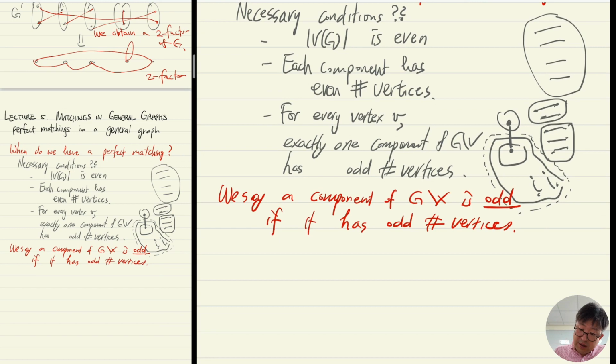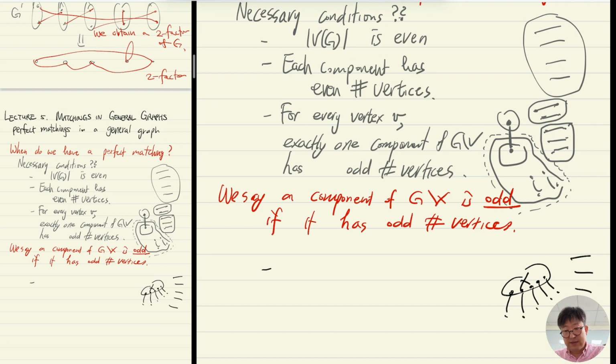Now, what happens if I delete a set of vertices? Let's say I delete 5 vertices, and potentially they may be joined to 5 vertices outside, and there are other vertices.